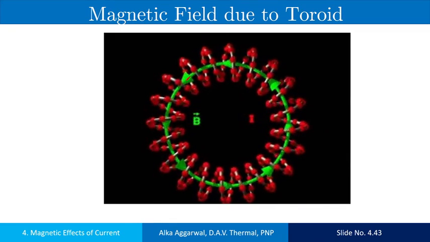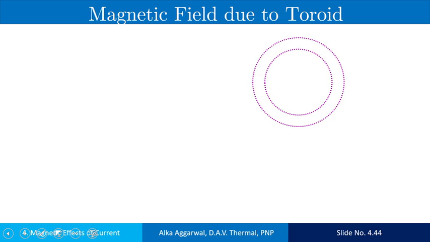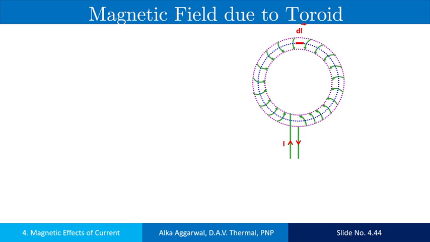Now we will derive the expression of the magnetic field due to a toroid. I current is flowing through the toroid and we choose a current element dl in this toroid. B is the magnetic field and the direction of the magnetic field and the current element is the same.